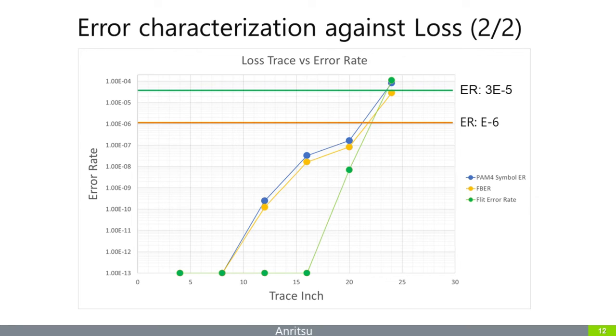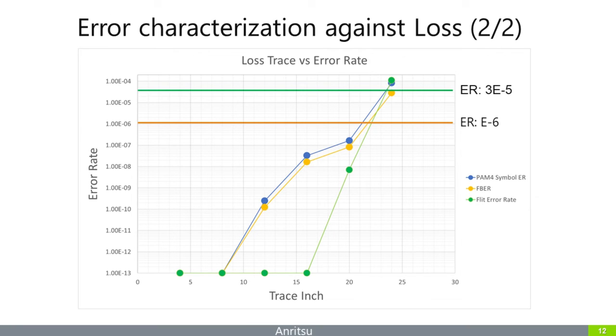16 dB, same thing. But when the loss is at 20 dB, now the raw BER is E minus 7, and FBER is also almost E minus 7. In that case, retry rate or flit error rate is E minus 8. So the spec of FBER is E minus 6.